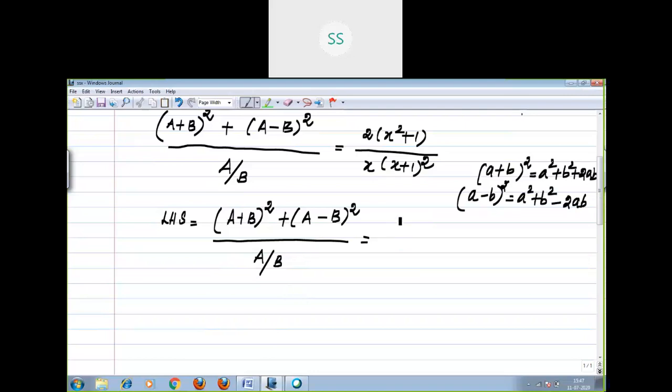See here what you are going to write: a square plus b square plus 2ab, plus a square plus b square minus 2ab, divided by a by b. Am I right, children?